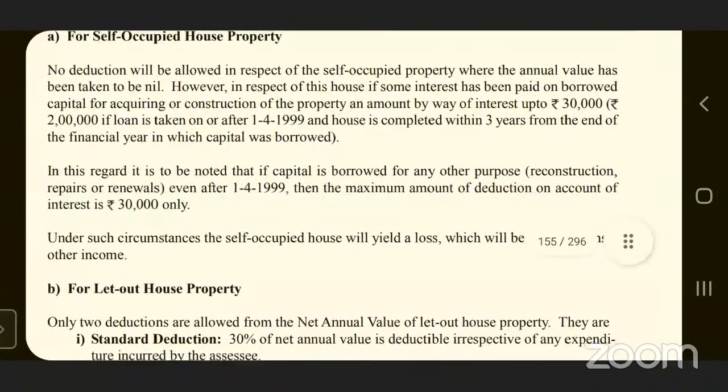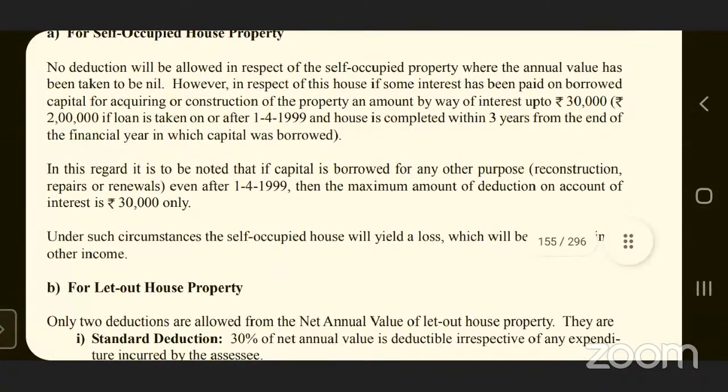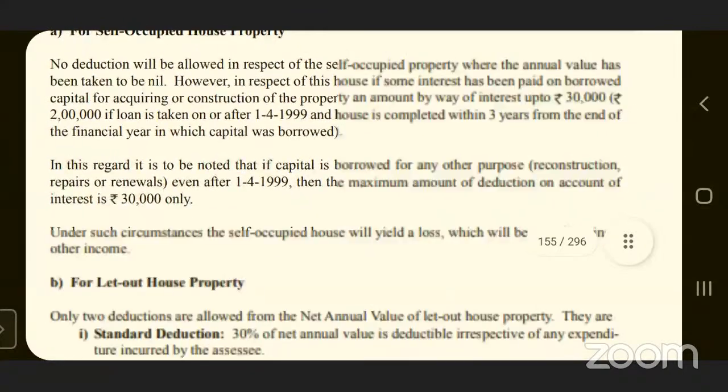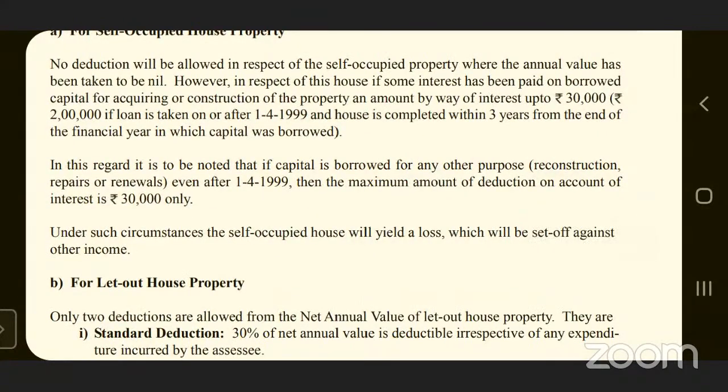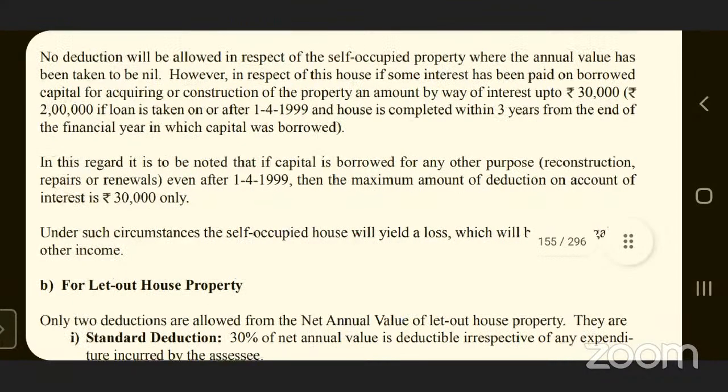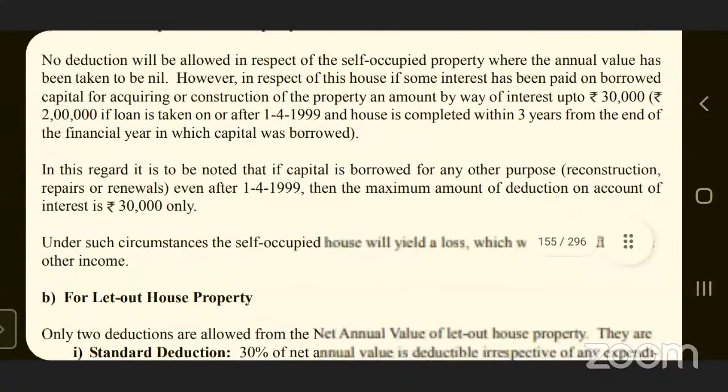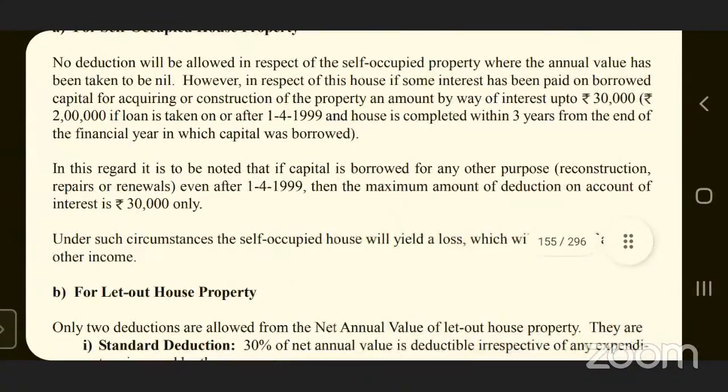If the capital is borrowed for any other purpose, for example repair or additional amount required for reconstruction, which is after 1/4/99, then the maximum deduction is up to 30,000 only.